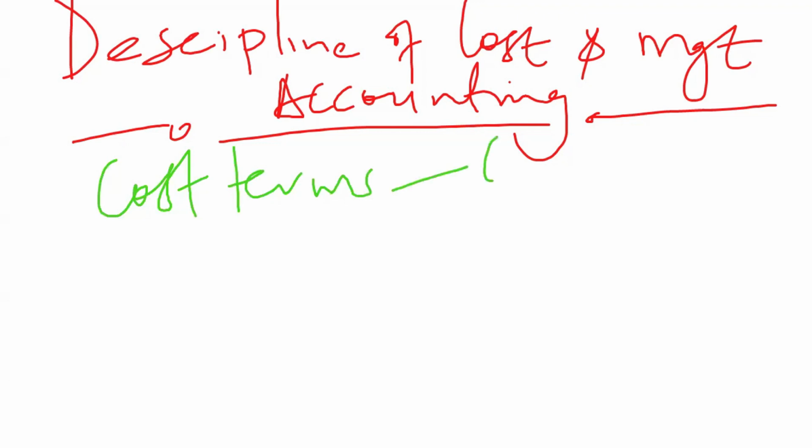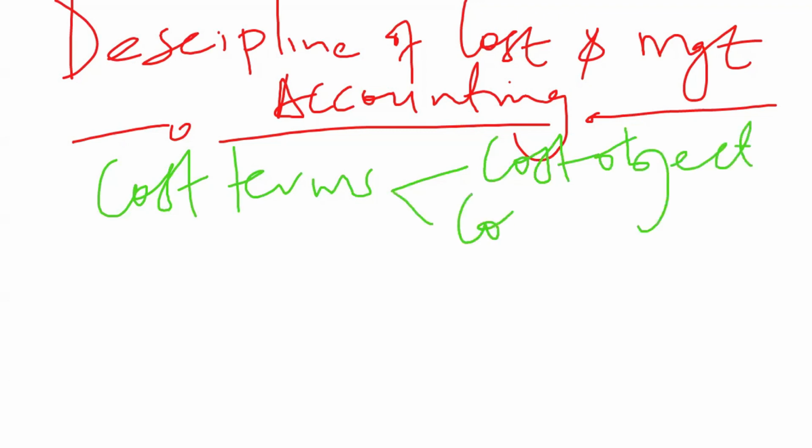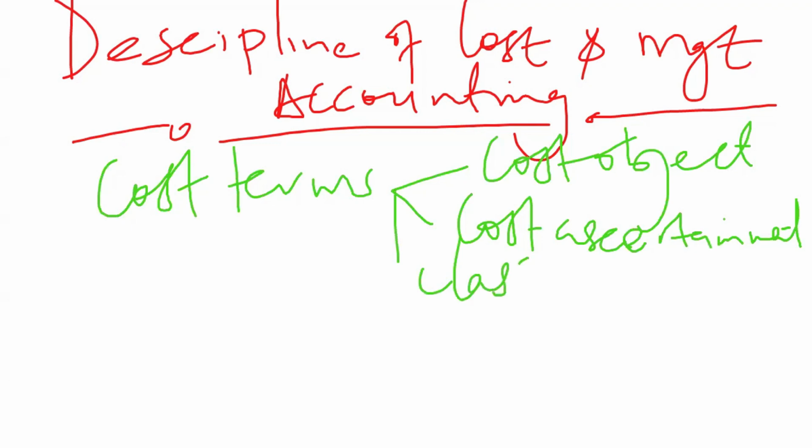There are things to do with the cost object, cost ascertainment, so if you haven't watched it, you can go and have a look, because we have also classification of costs. So these are some of the terminologies that we spoke about in our first lecture.